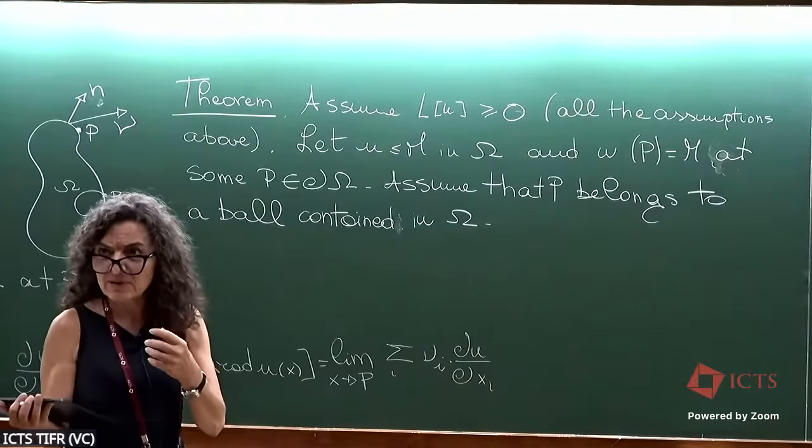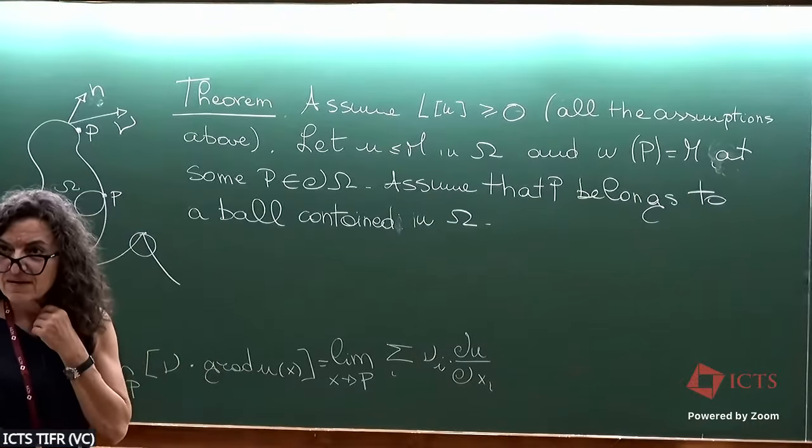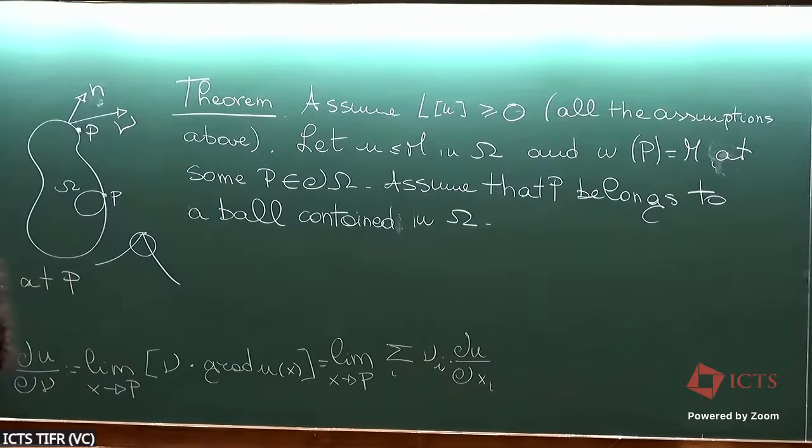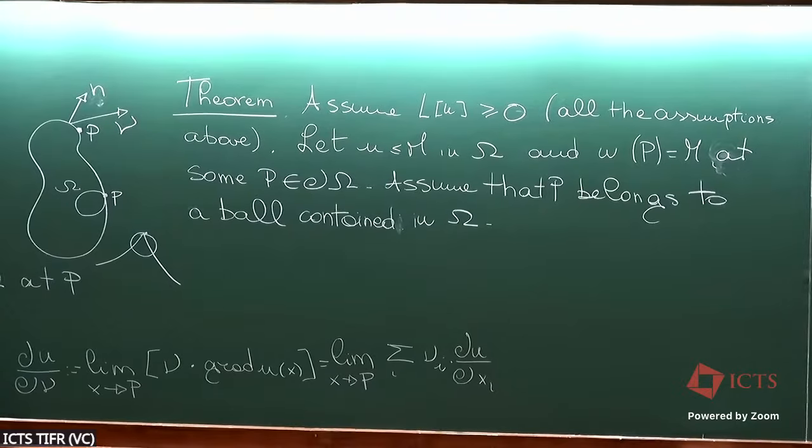If you think a little bit about the proof, you only need regularity of the boundary of omega around P, around the maximum point. If not, you can take continuous. And you only need that u is continuous up to the boundary and differentiable only at the point P. You don't need more regularity.